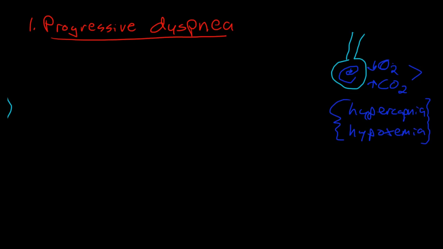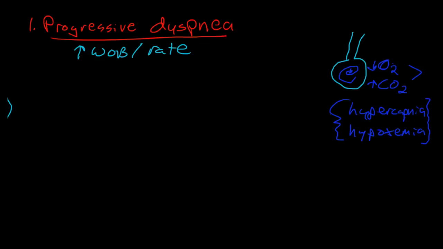Now, the hypercapnia and hypoxemia are detected by the chemoreceptors, both in our brainstem as well as our peripheral chemoreceptors in our carotid bodies and aortic bodies, and these send messages up to the respiratory center in our brain to breathe faster and deeper. So we are going to have a sensation of increased work of breathing and rate, and that's part of dyspnea.